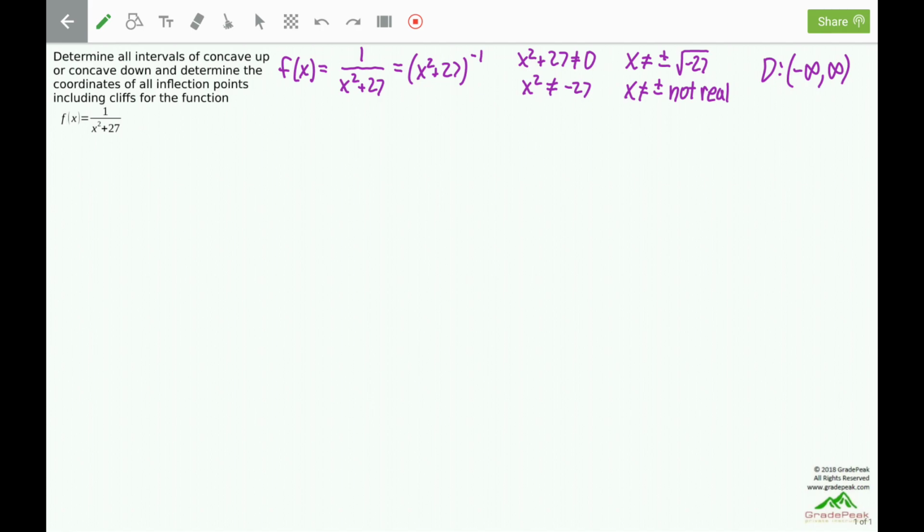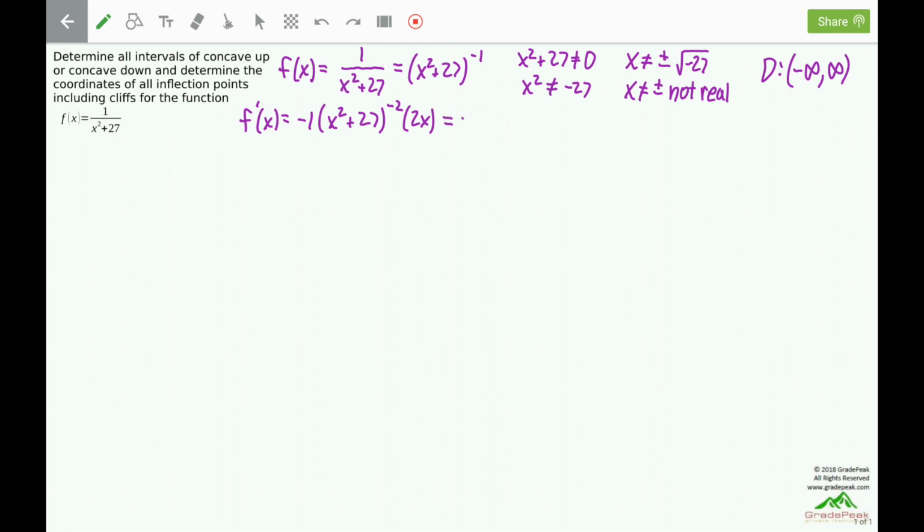Now the first derivative is just a power rule. So f prime of x equals, bring the power down, leave the inside alone, subtract 1 from the power, minus 1 minus another 1 is minus 2, and then multiply by the derivative of the inside to complete the chain rule. We can move the 2 and the x out front with the negative 1.